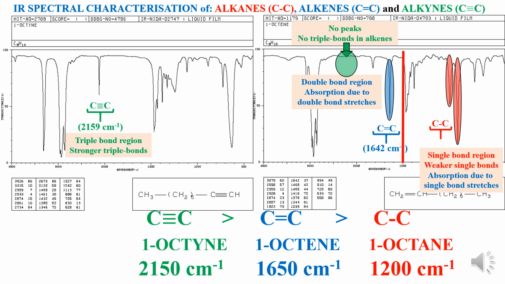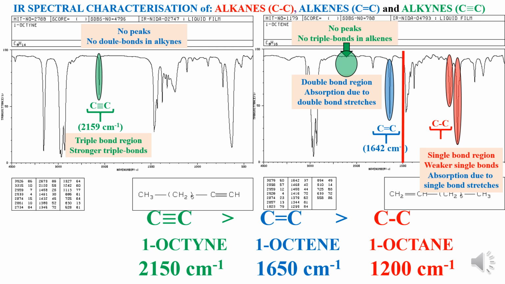Now the triple bond, as you know, is a stronger bond, and absorption due to this strong triple bond stretch occurs in the triple bond region. So it occurs at a higher wave number. So more energy is required to stretch the carbon-carbon triple bond, and hence a higher wave number is required, and hence you see a peak at a higher wave number.